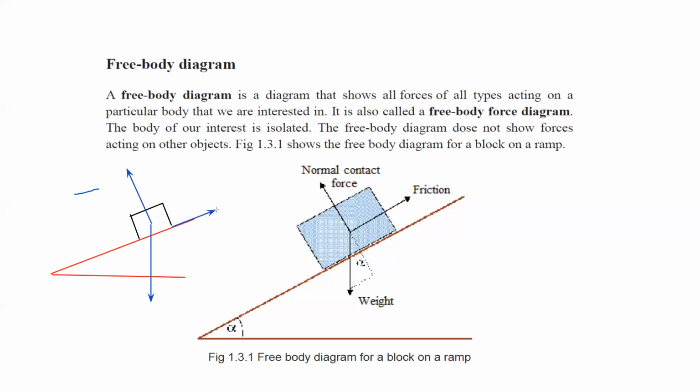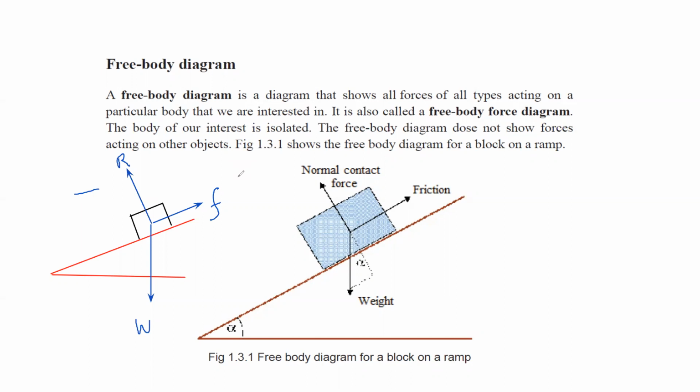You can draw it between the two surfaces, or you can draw it on the object just to show the direction. Both ways are acceptable. The normal contact force you can represent by R. Weight is acting downward, and the friction is opposing the motion. Is it clear, this concept of a free body force diagram?